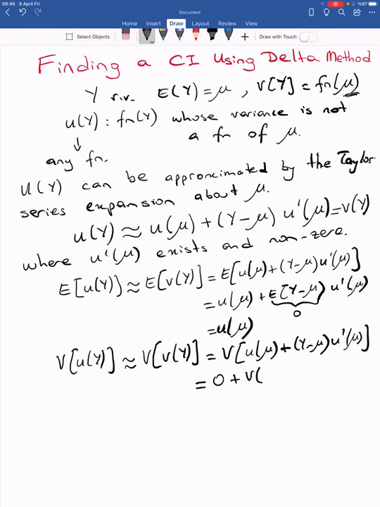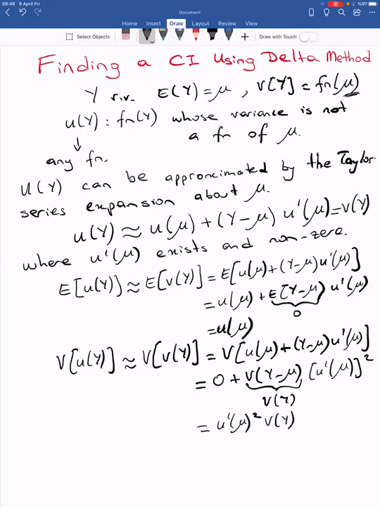Plus the variance of (y minus mu), which becomes the variance of y basically. This part u prime(mu) is constant, so we take the square. So this can be approximated by u prime(mu) squared times the variance of y.